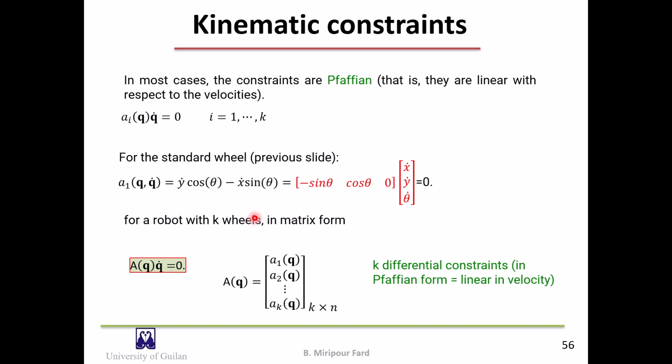For a robot with k wheels, in matrix form, we can write all the constraints like this relation: A of q times q dot equals 0, in which A is an uppercase letter and it is a k by n matrix. k is the number of constraints, and in this equation 0 is understood as the zero vector.